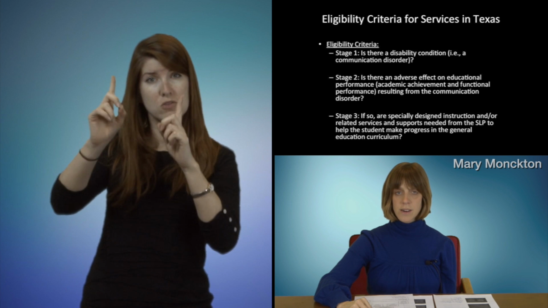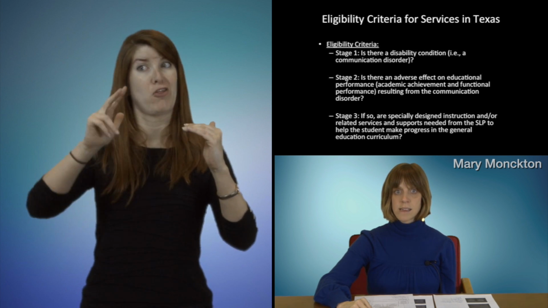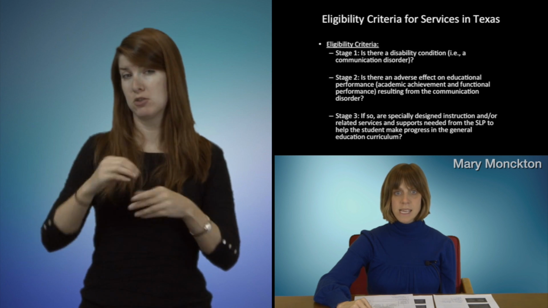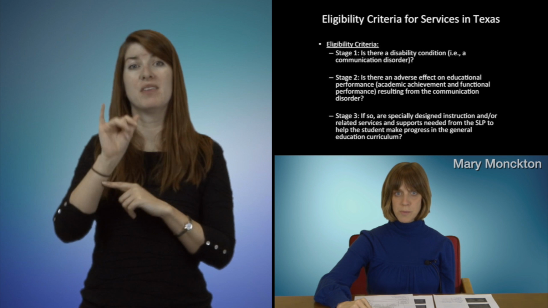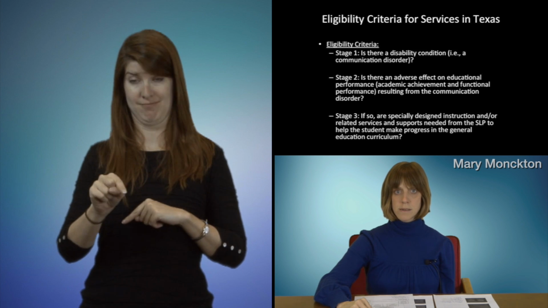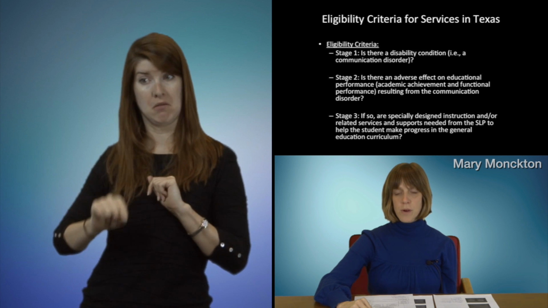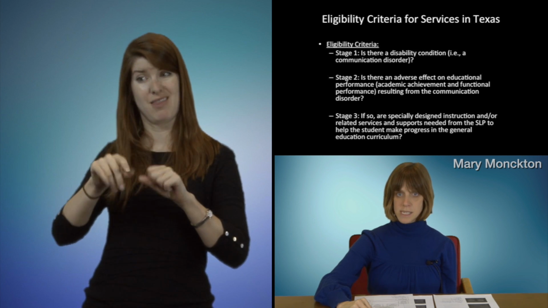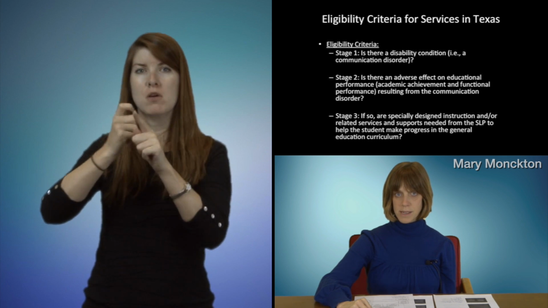The third tier for determining eligibility here in Texas, again, in the school system, is that if there is an adverse effect on educational performance due to a disability, does that adverse effect require the specific expertise of a speech-language pathologist in order to help that student access their curriculum?